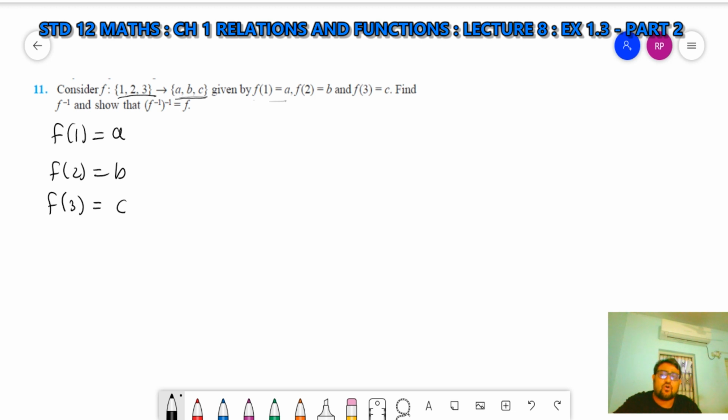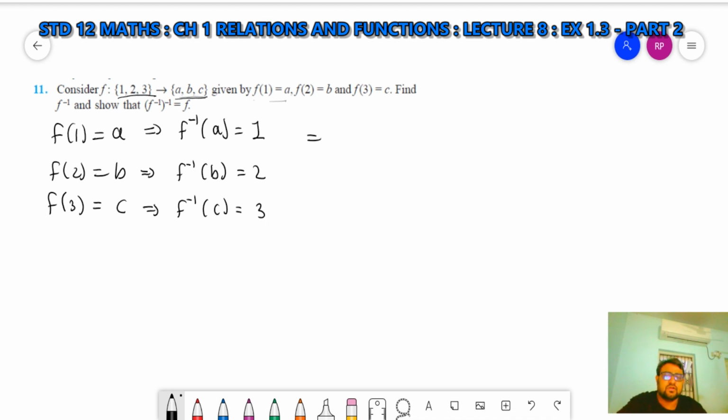So now f(1) is equal to a, that implies f inverse of a will be equal to 1. f(2) equal to b implies f inverse of b will be equal to 2. f(3) equal to c implies f inverse of c equal to 3. So what does this imply? f inverse is from a, b and c. Right? I had taken the values a, b and c.